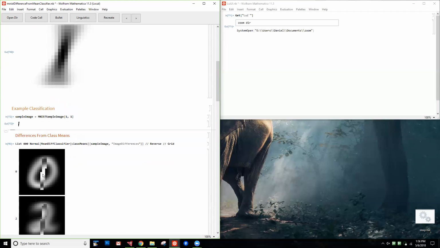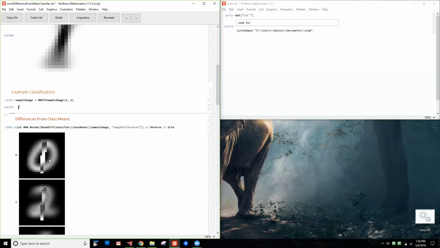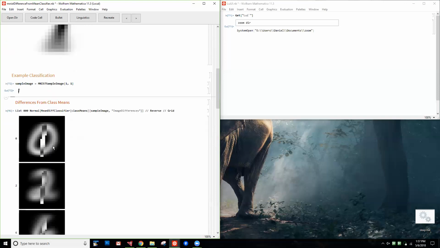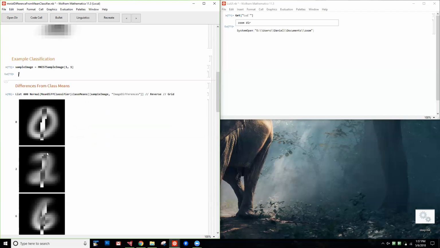This really intense white, that's a pixel that was black in the 1, but was just about pure white in the average 0 digit. And so to get a rough sense of how similar or different these things are, one way to say it would be how much white paint would you need to paint this image. And for the 0, it's a lot, especially because of this intense white here in the middle.